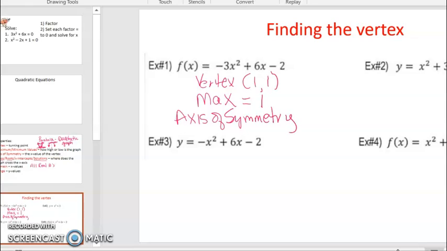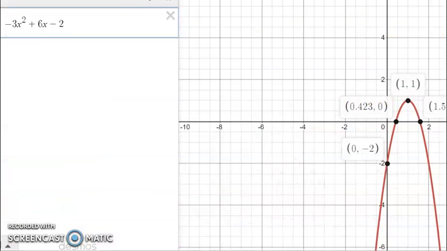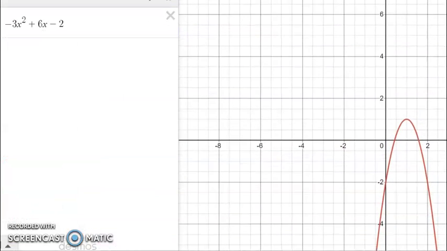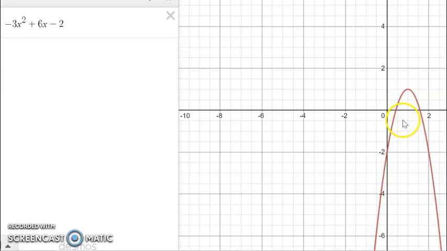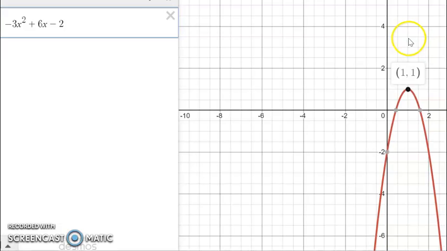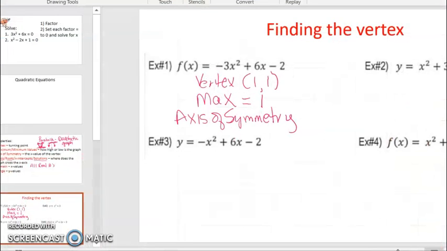Now remember I told you the axis of symmetry was this invisible line that goes straight through the middle of this parabola. Right where the vertex is, it goes right through that vertex. And its value is whatever the x is at the vertex, and the x is a 1. But this is a line, so we have to write it as an equation. x equals 1. Okay?